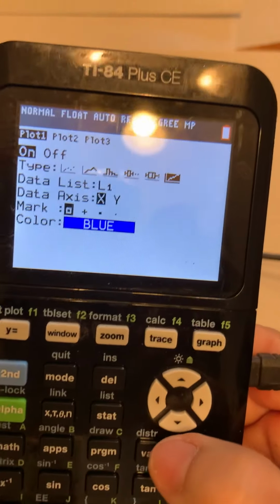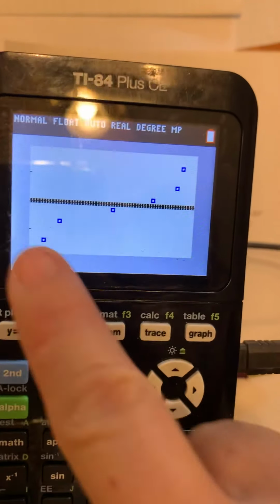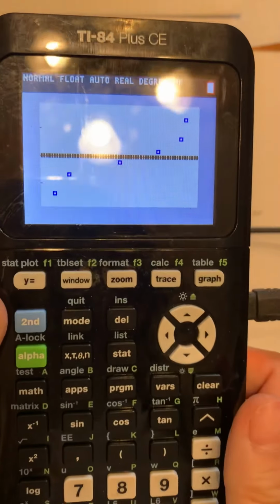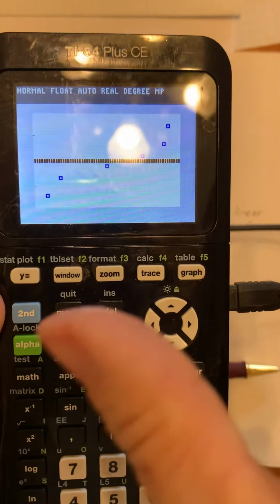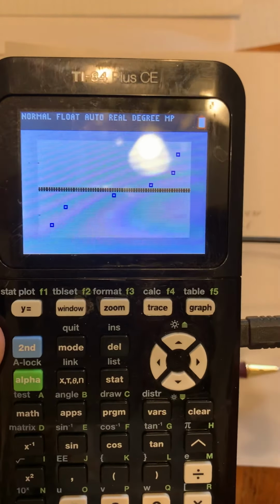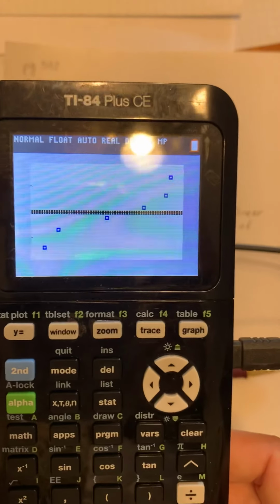If I go to zoom 9, I should be able to see a nice linear pattern of those points. Now, if it was closer together and it was scaled correctly, it would look more linear. But it would be a linear pattern if it was scaled better.